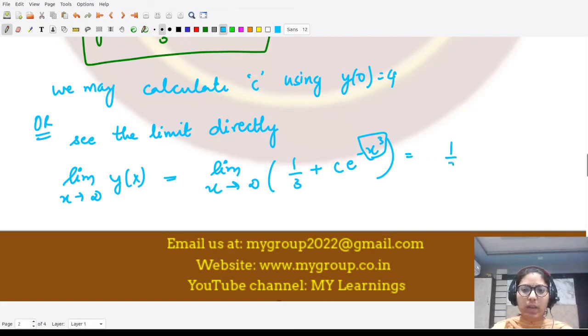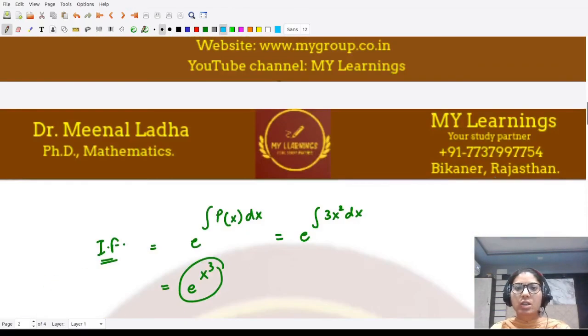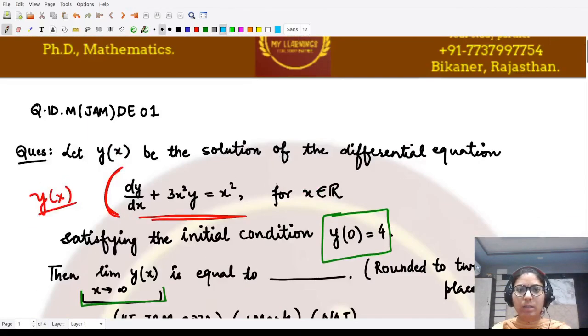So the limit would directly be equal to 1 by 3. In this case, this worked. In decimal expansion up to 2 places, it is 0.33. So the answer to this question is 0.33.